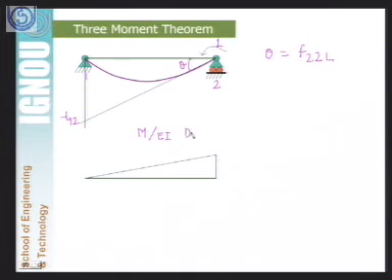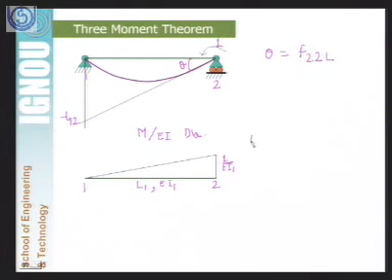You can see that in this M by EI diagram the value of moment is 1 by EI1 at this end, because we are applying unit moment here, and because of the same logic the moment here will be equal to 0. So this will be a triangular M by EI diagram, and again its length is L1 and material property is EI1. This is node 1 and this is node 2.